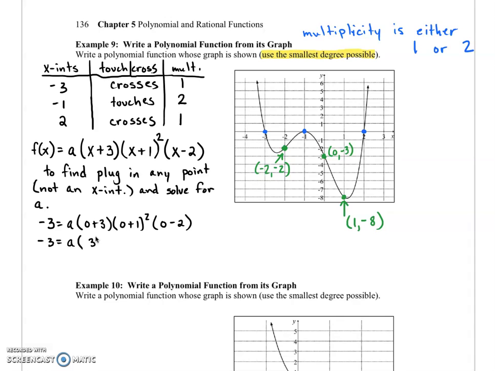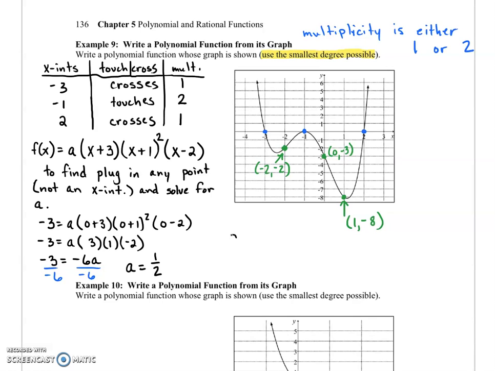So I have 3 times 1 times -2. It looks like I have -3 equals -6a. Divide both sides by -6. And we get a equals a positive 1/2.